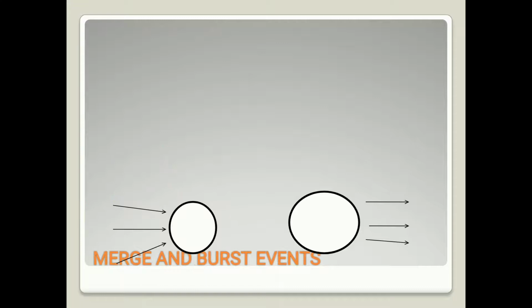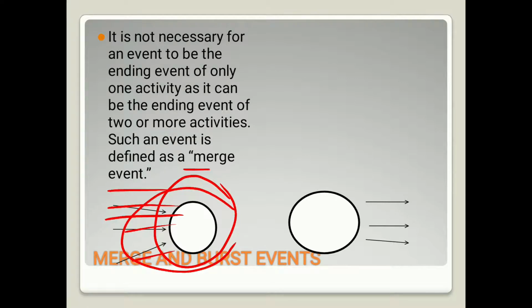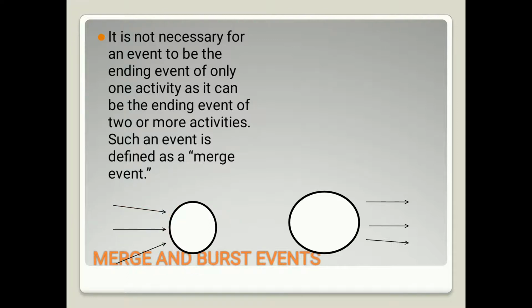A merge event: it is not necessary for an event to be the ending event of only one activity, as it can be the ending event of two or more activities. There is no rule that an event must end with only one activity, it can end with two or three activities. Such an event is known as a merge event.